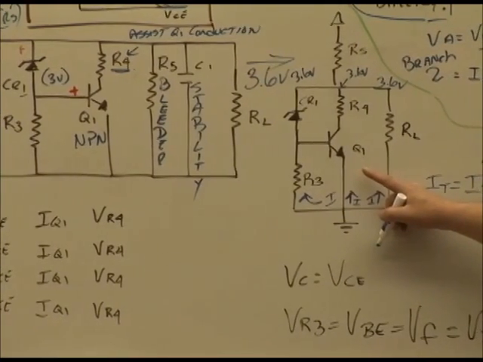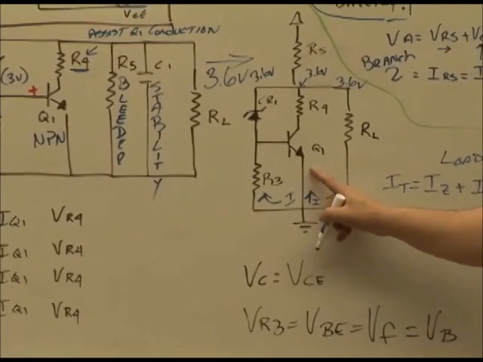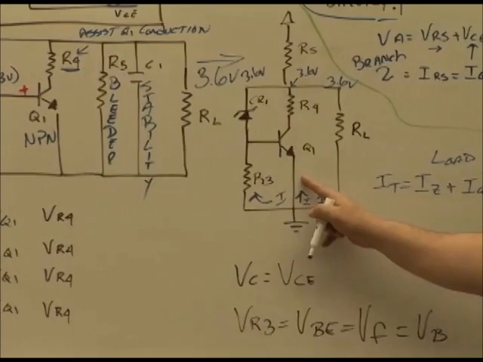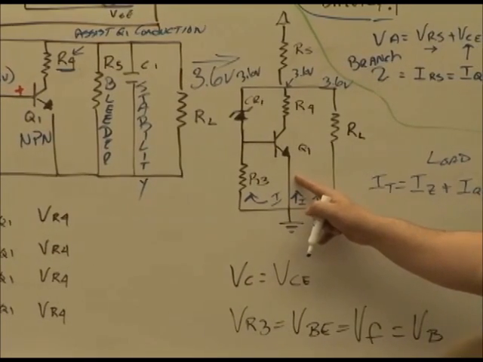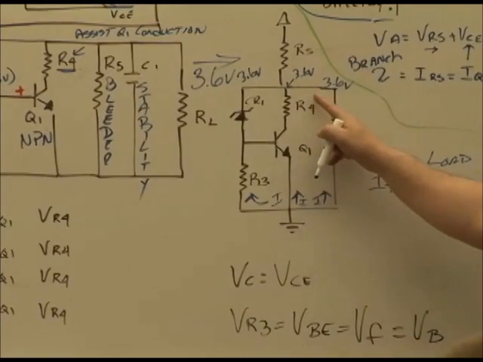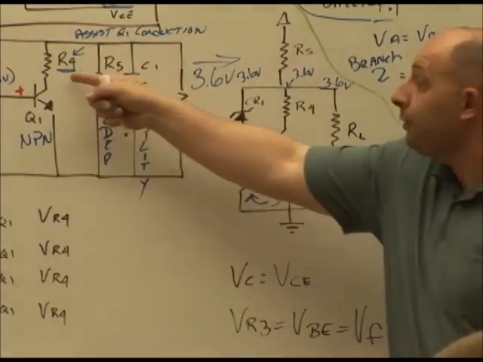So if I have more branch current, just look at this. Look at that branch already where the transistor's at. What do you think's going to happen here? The conduction of the transistor. Okay. What about R4? What's the voltage drop of R4 going to do? Because that's why I wrote this, because R4 is special.